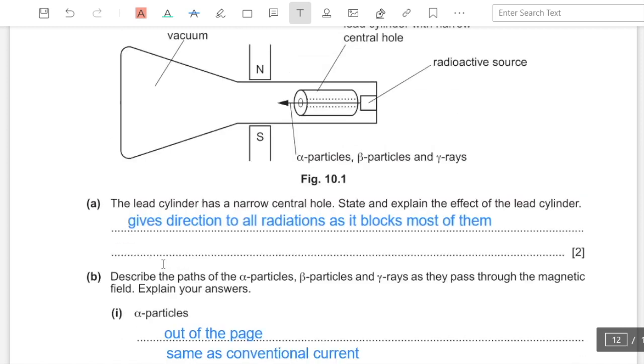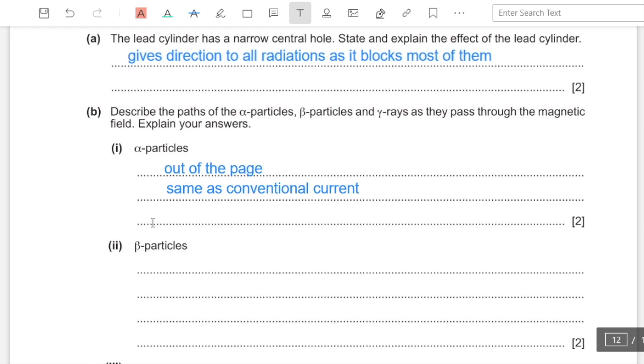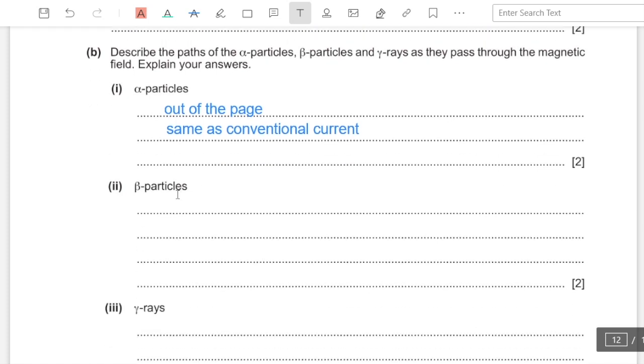And so your thumb should now be pointing into the page. So here I have my direction as into the page. And the reason is that it is the same as conventional current in the opposite direction, because they have the opposite charges.